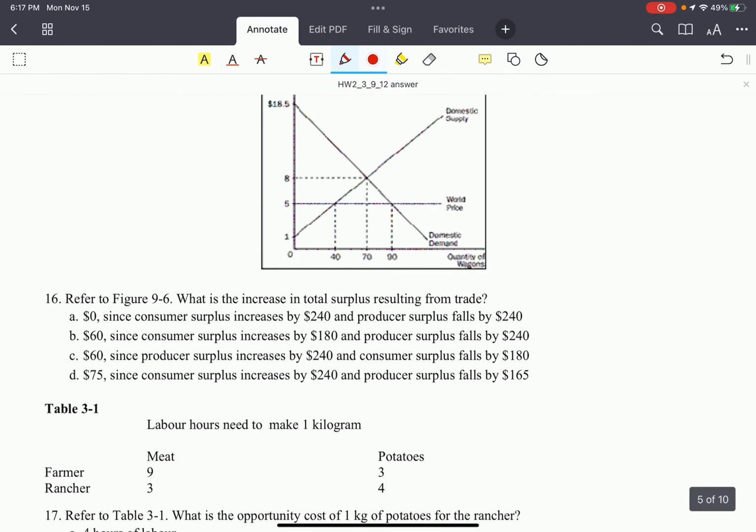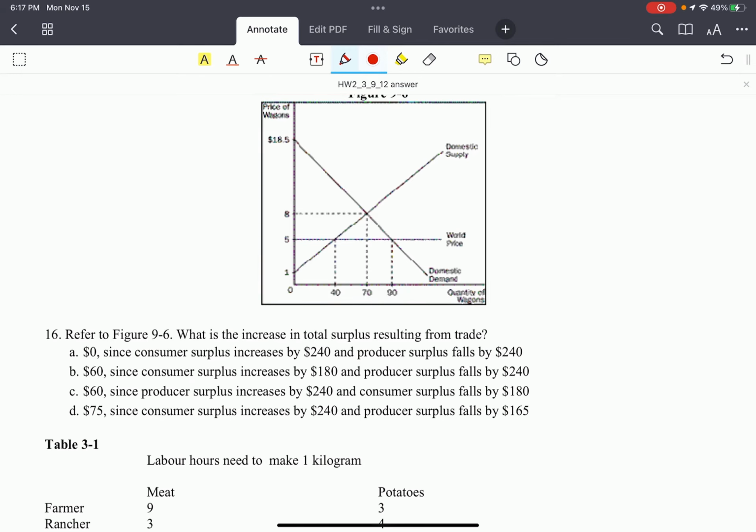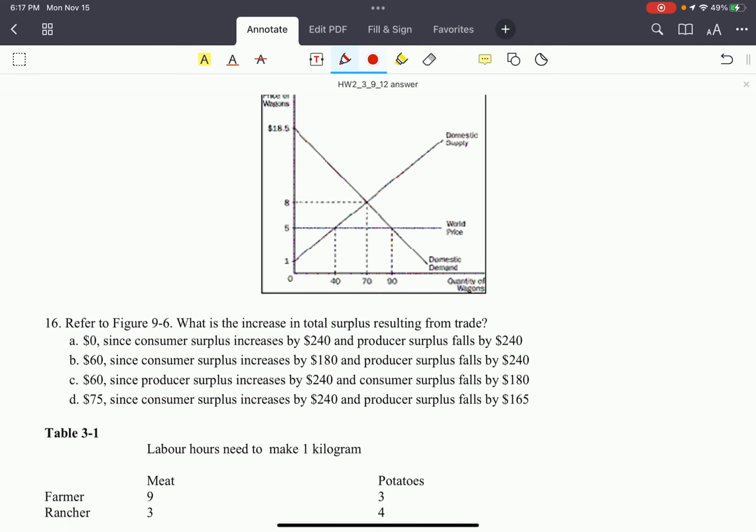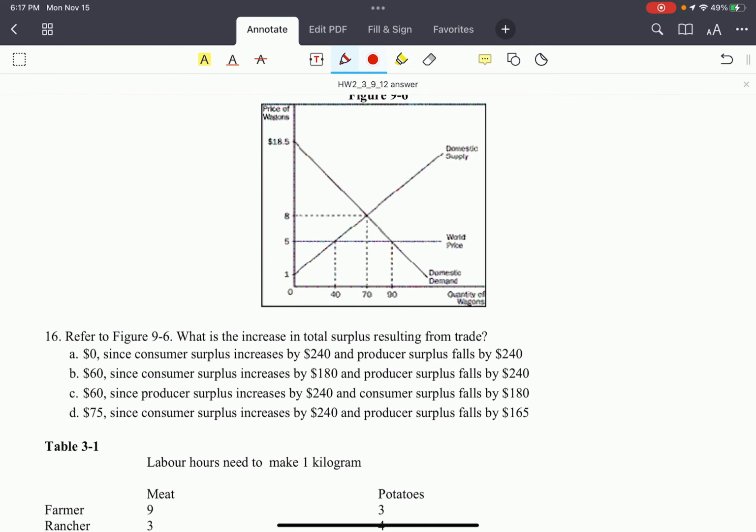Okay, 16. Refer to the above figure. What is the increase in total surplus because of the trade? So we discussed this, that is, the increase in surplus is this little triangle, right?